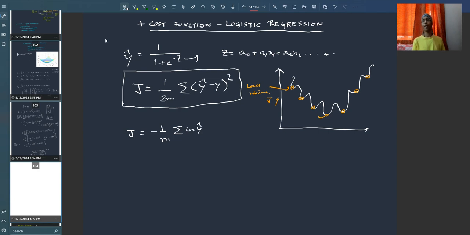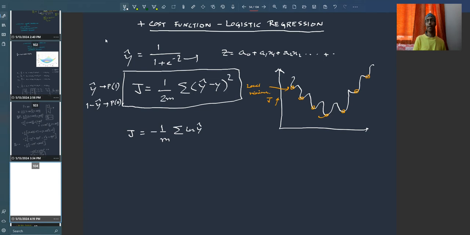But there is a problem, friends, with this. Basically, y hat here is a probability. Y hat means the probability of y coming 1, which means 1 minus y hat is the probability of y coming 0.